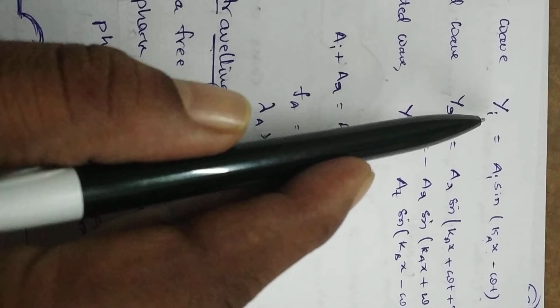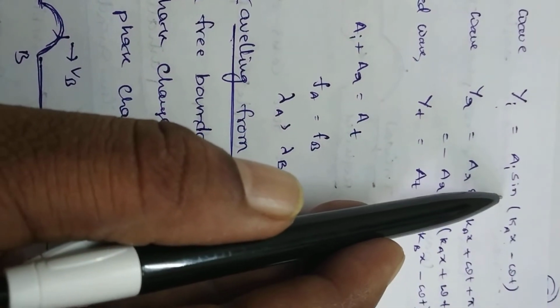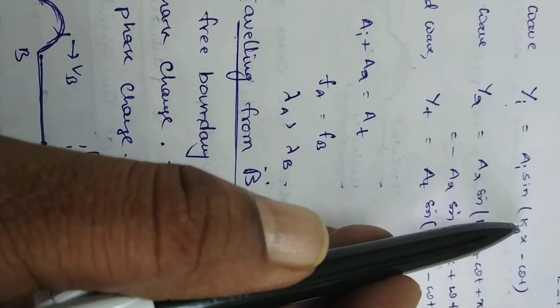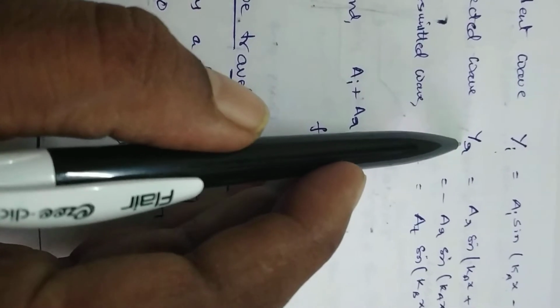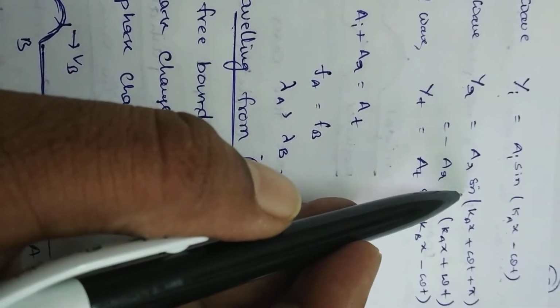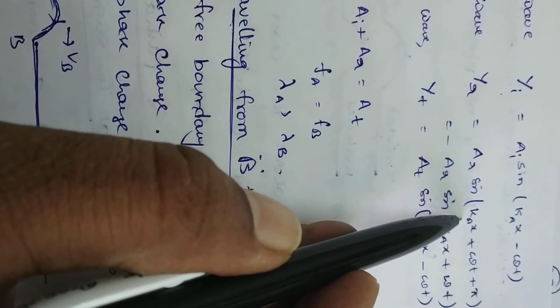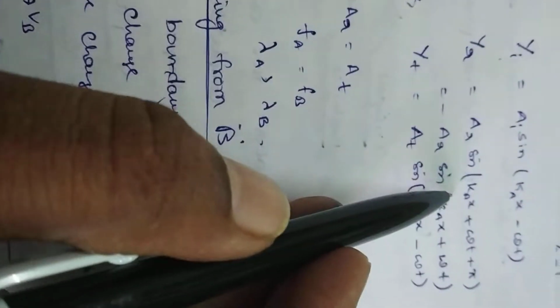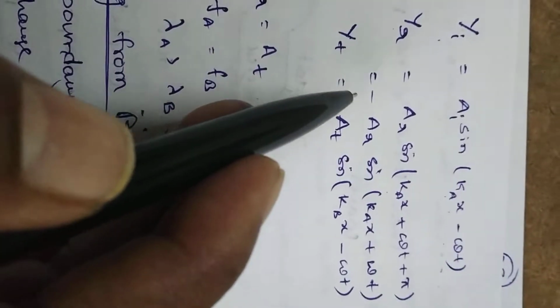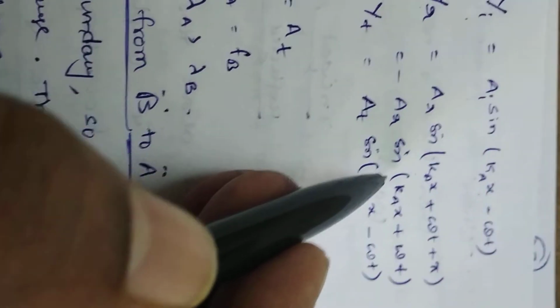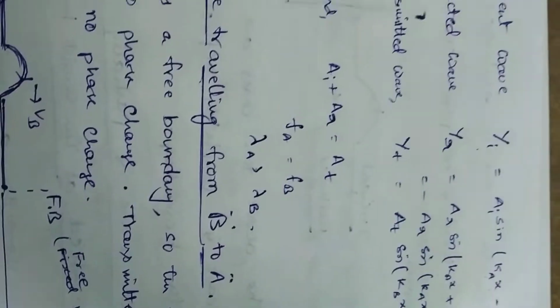For the reflected wave, in the same medium, yr equals AR sin(kx plus omega t plus pi), which equals minus AR sin(kx plus omega t).